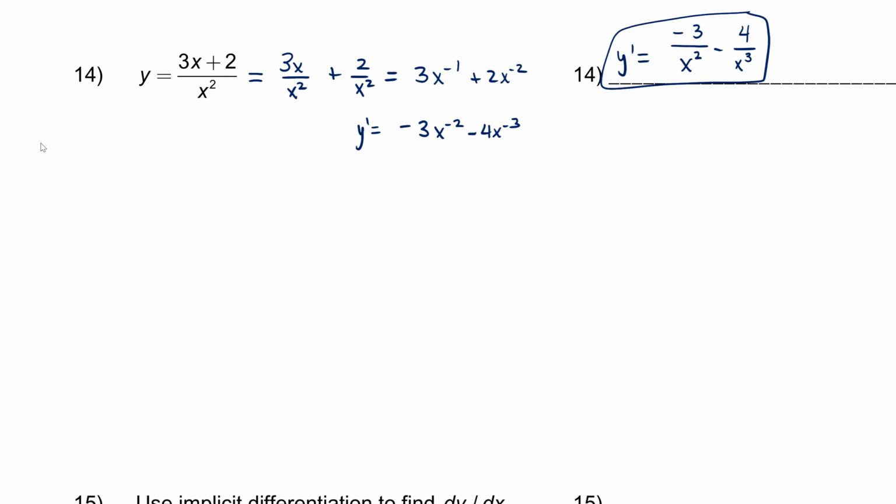Let's do quotient rule. Wait, I have a question before we move on to it. Well, do you want to do quotient rule? I have a whole worksheet for that. What's wrong? Could you do 3x plus 2 times x to the negative 2? Yeah, that works too.